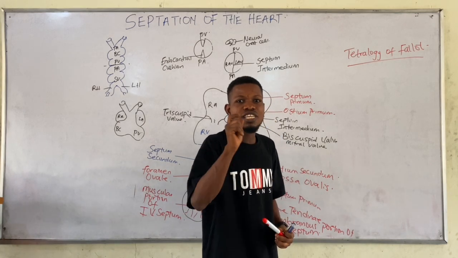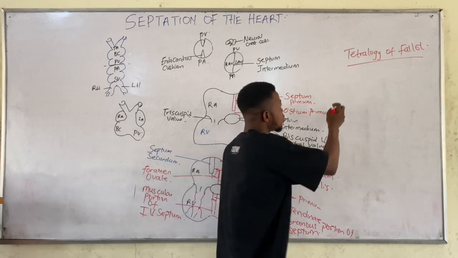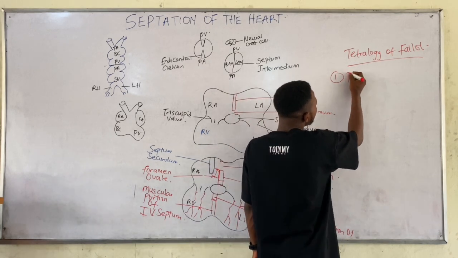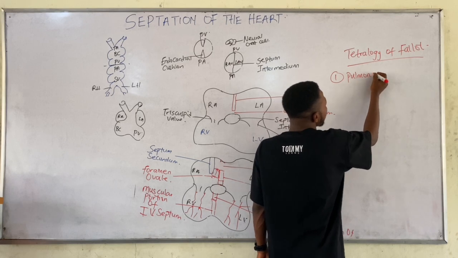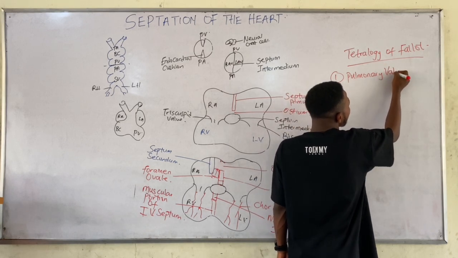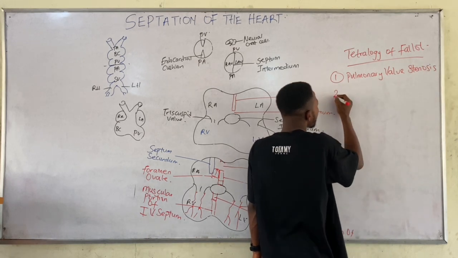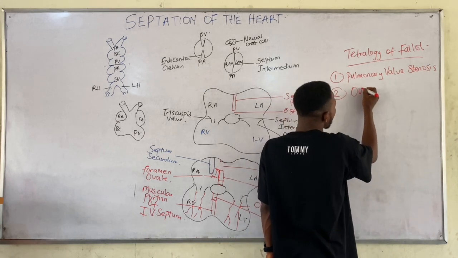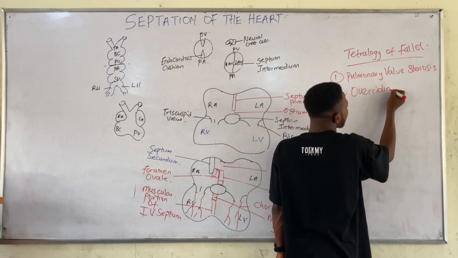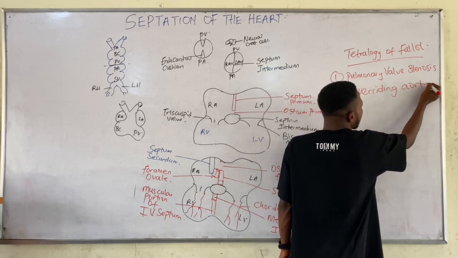So what are the tetralogy of Fallot? Number 1 is what we call pulmonary valve stenosis. That is the first one. Then number 2 is the what? Overriding aorta. That is the second one.